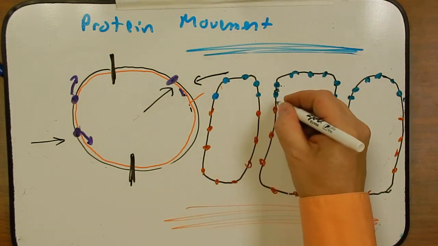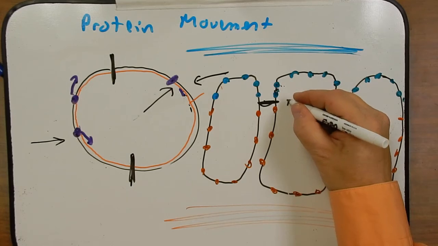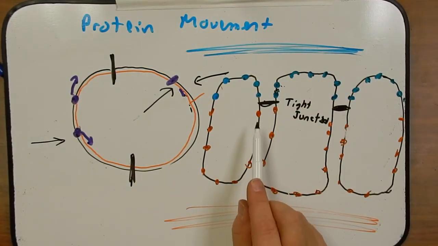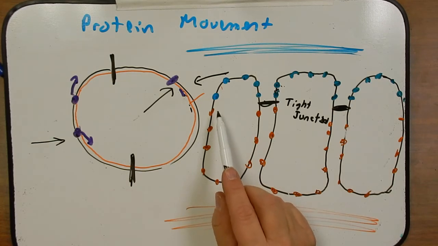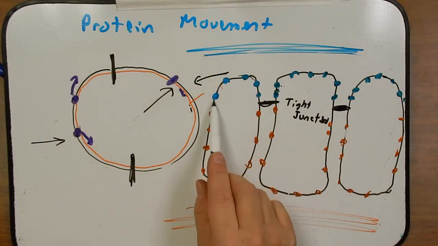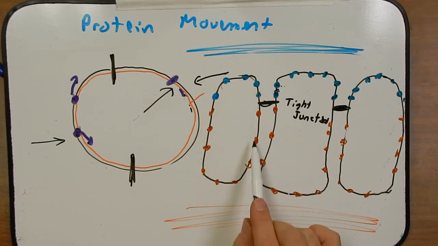And what happens is that these cells are held together by a protein complex called tight junctions. These tight junctions we'll talk about later in the semester in a little bit more detail. But for right now, what you should know is that they prevent the movement of these proteins from moving down here. They also prevent the orange proteins from moving up the space.